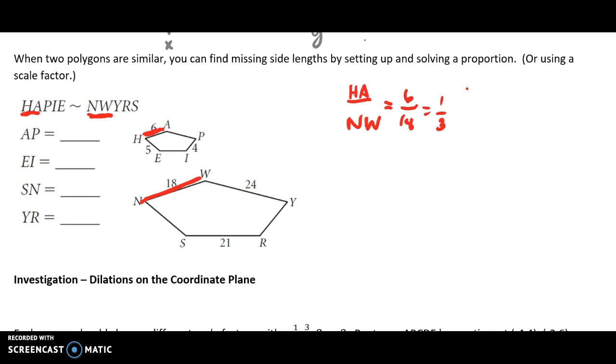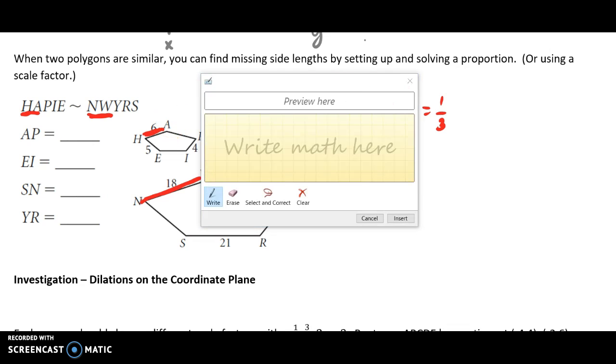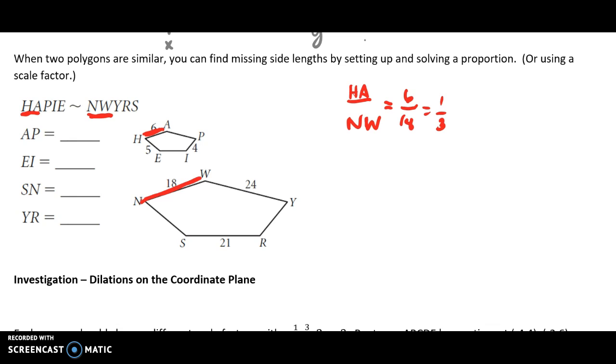So I can use that information to figure out the other side lengths. So this means since AP, I want to figure out AP first. AP corresponds with WY, and I know WY's length is 24.